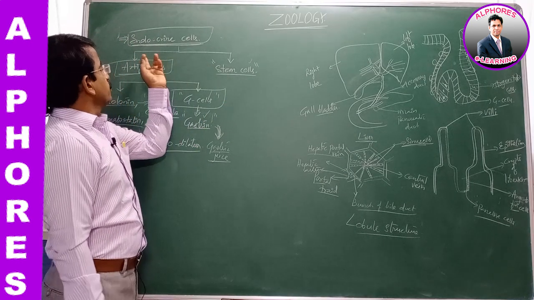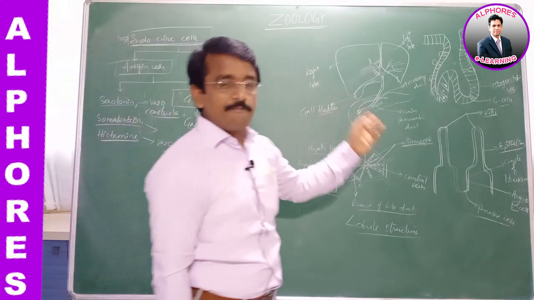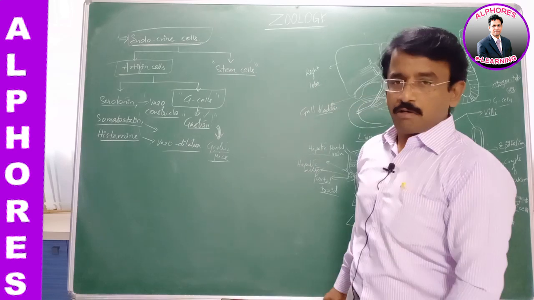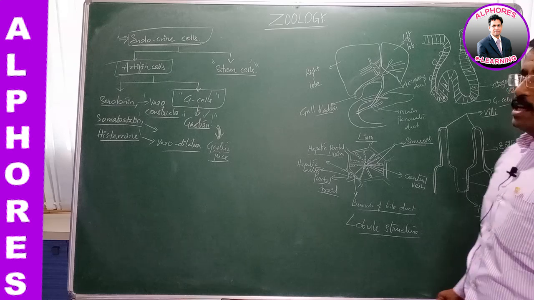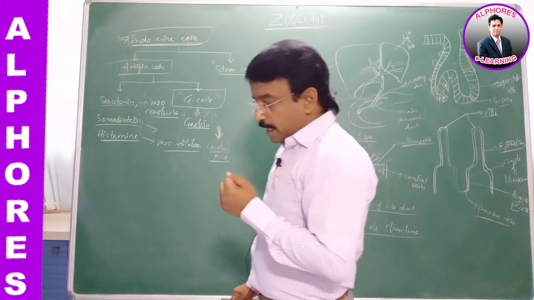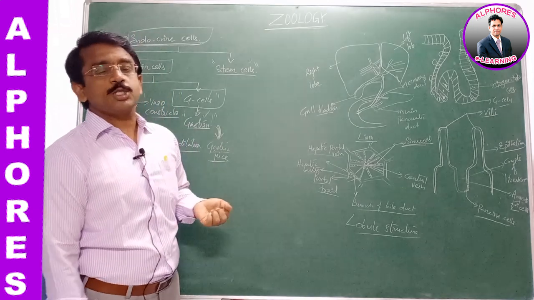That's what the argentaffin cells are, and stem cells are undifferentiated cells that form the lost cells, like a regeneration. Next, come to the intestinal glands. The intestinal glands are the glands present in the intestine.